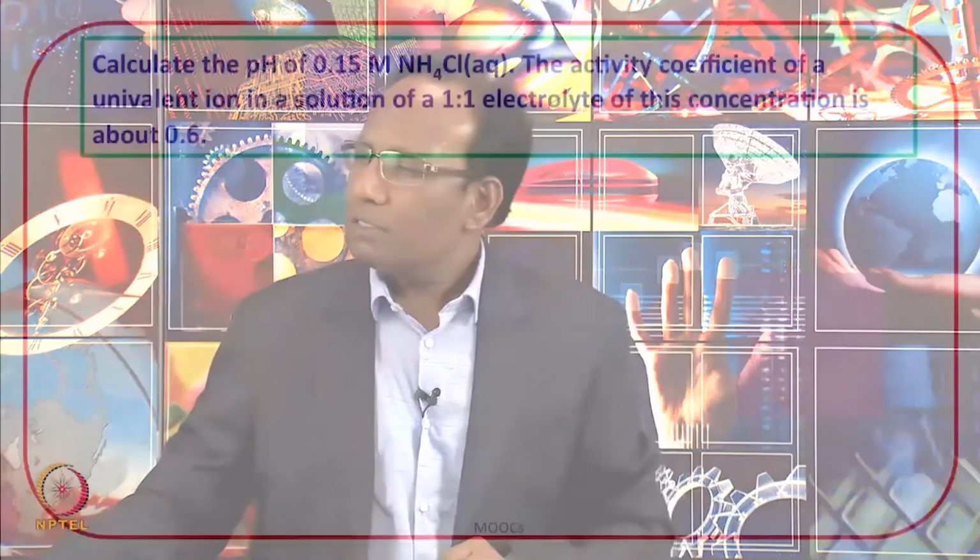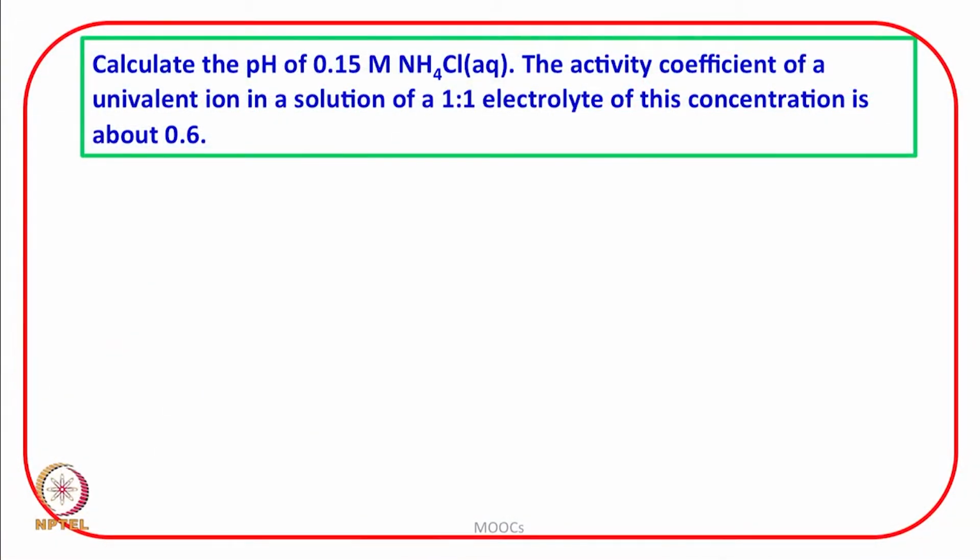Now, let us discuss another question on the pH. The question is, calculate the pH of 0.15 molar ammonium chloride aqueous.